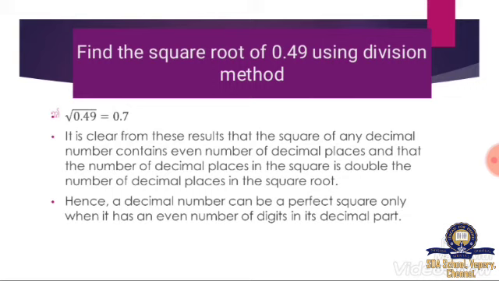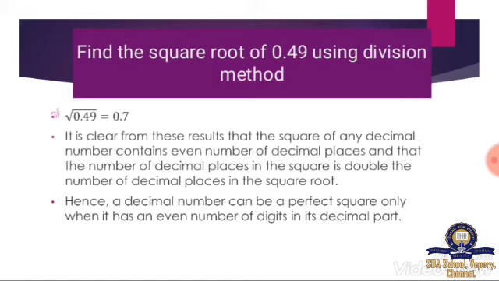It is clear from these results that the square of any decimal number contains an even number of decimal places, and that the number of decimal places in the square is double the number of decimal places in the square root.